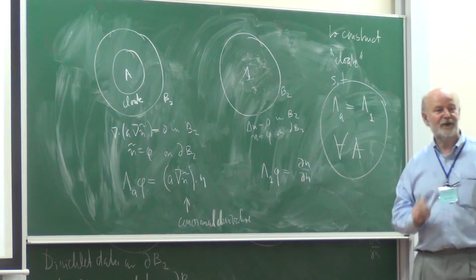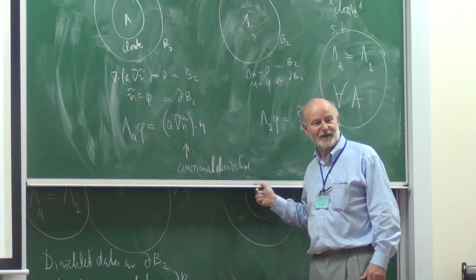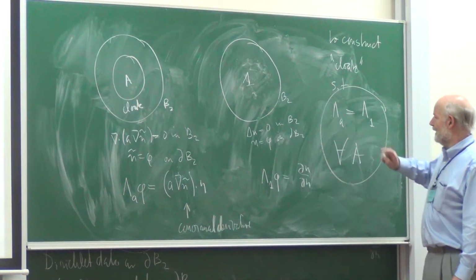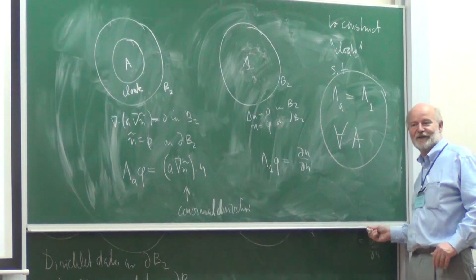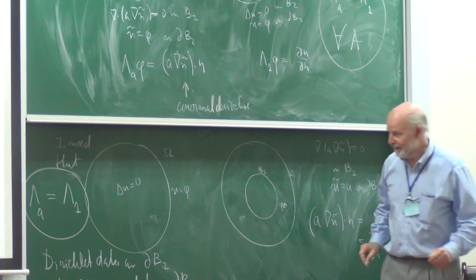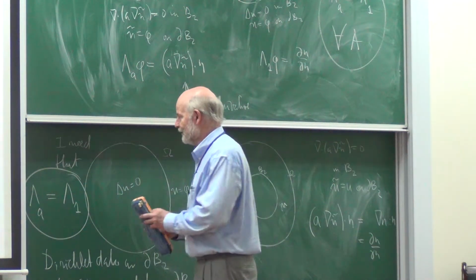Okay, now this is where it becomes interesting. So far we've just introduced the problem. Now it becomes interesting because there is a converse to this, which is a whole problem in itself, many times referred to as the Calderon problem.